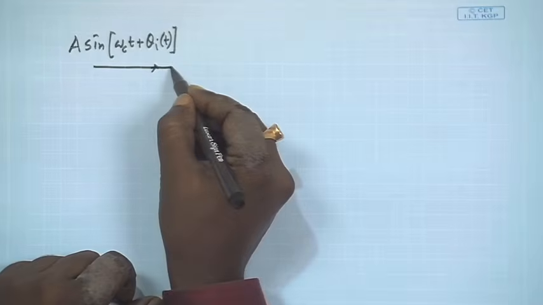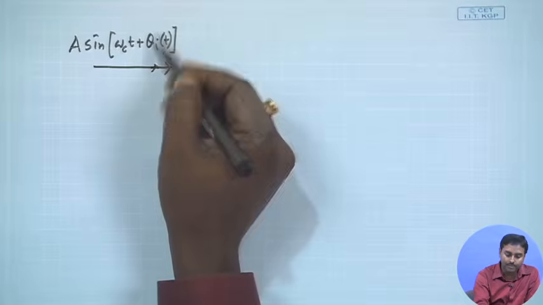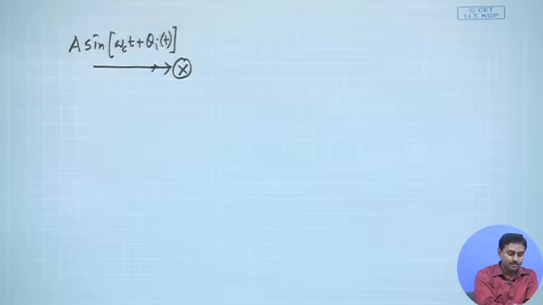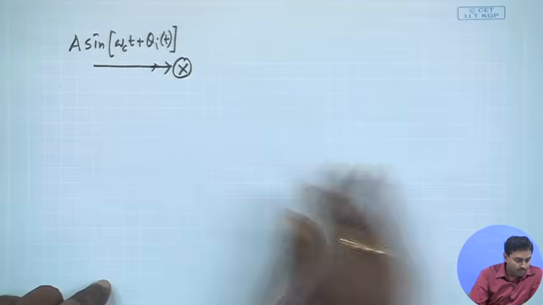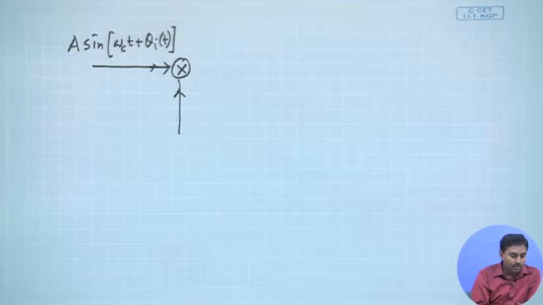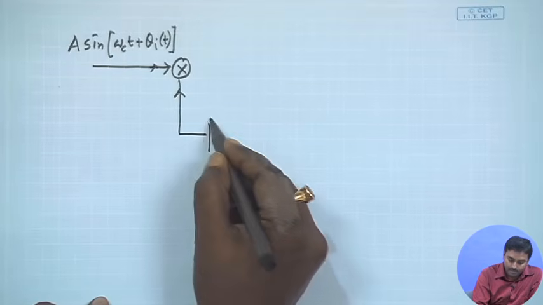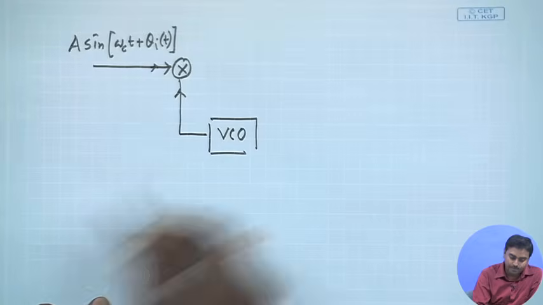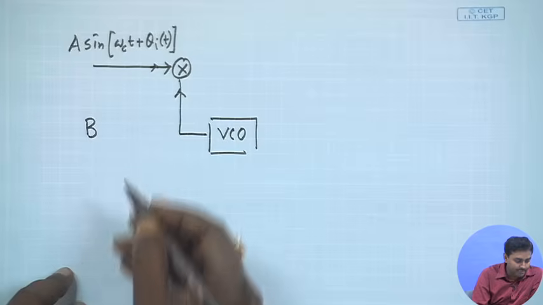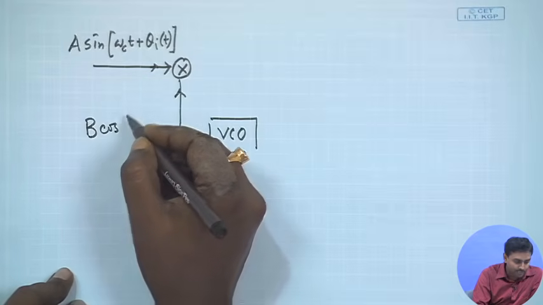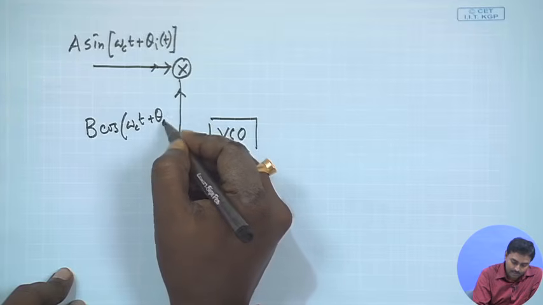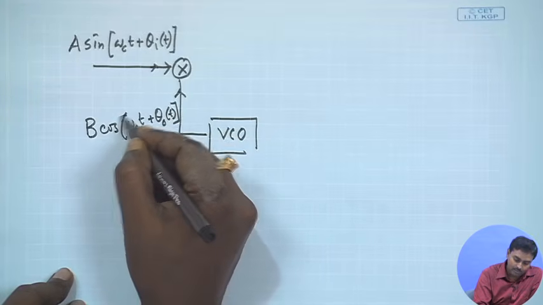So, the VCO will take this carrier, whatever it is, with a phase and frequency, and then there will be a multiplier circuit. In that multiplier, we give the output from the VCO. As we have already discussed, the VCO will generate B cos(omega c t plus theta output(t)).